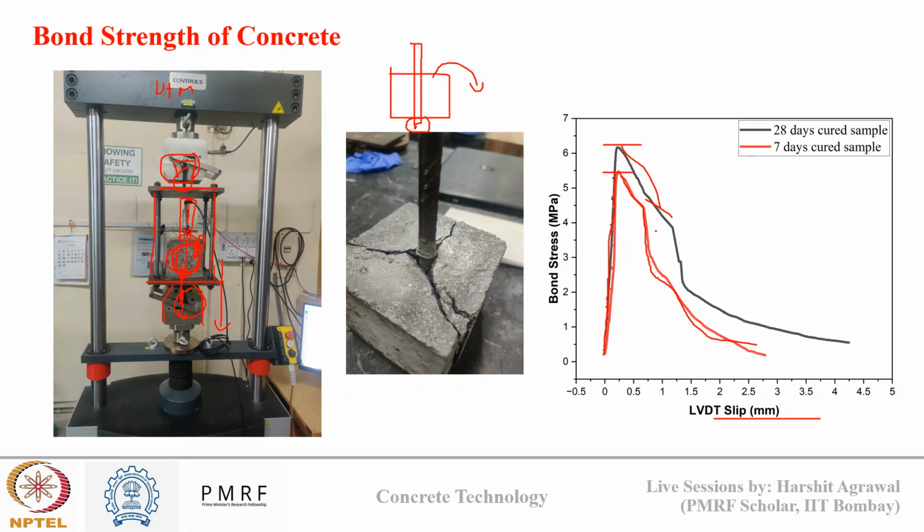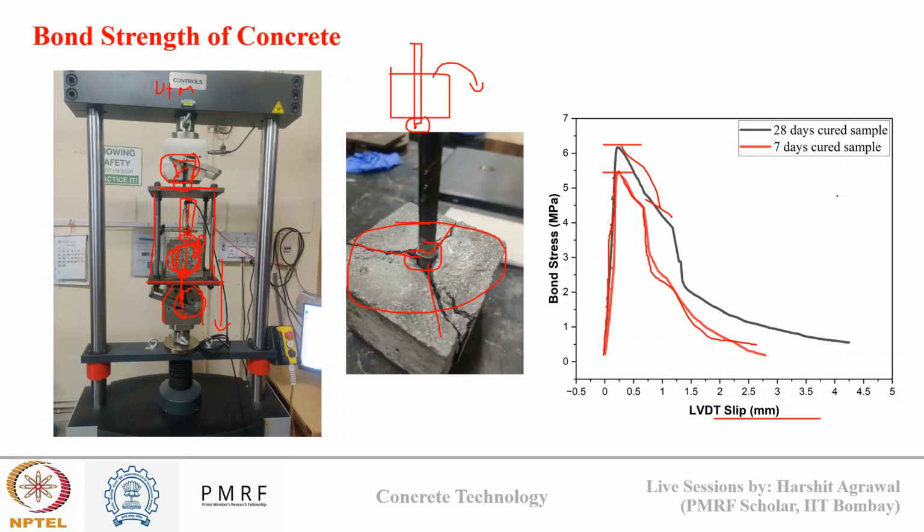As loading increases the bond stress increases, then after a peak, as stress exceeds the bond strength, the bond fails and we see a large slippage in the reinforcement. Once the bond has failed, there is cracking in the cover concrete and the rebar is free to move out.